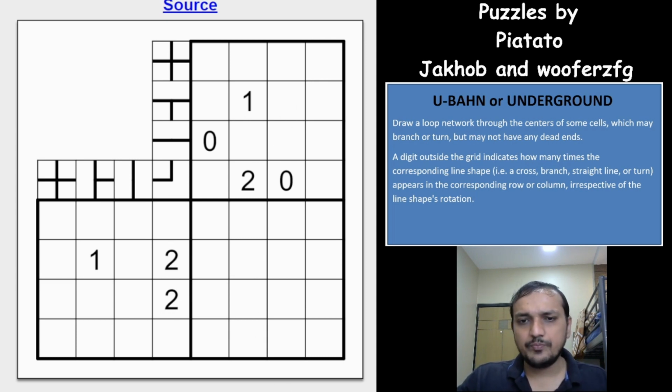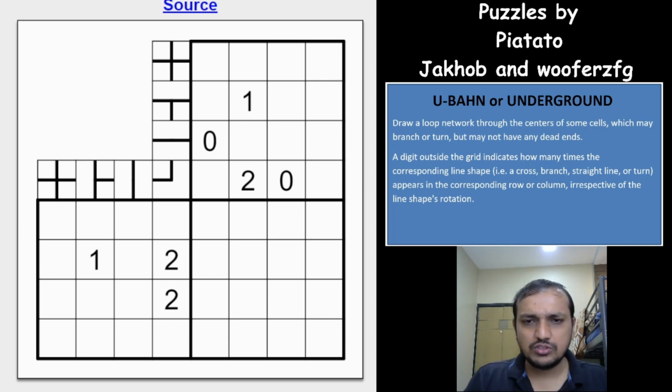Wherever the number is not given, you can have any number of line segments there, but when a number is given, you need to have exactly that many of that segment in that row or column. So you cannot have more than 2 U-turns in this column, but you can have any number of U-turns in this column. With that, let us start solving this puzzle.